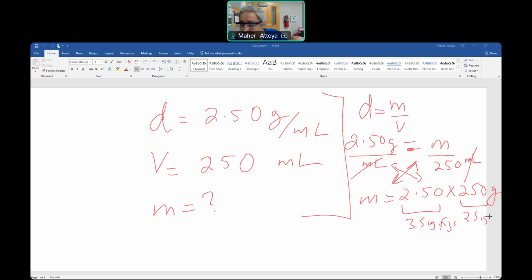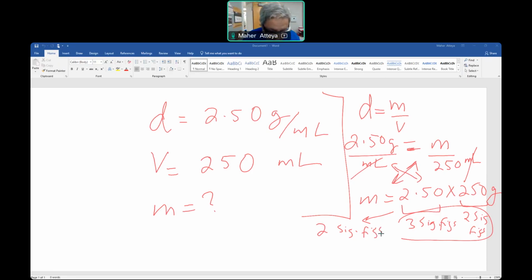So our answer has to have how many? The answer has to be rounded off to 2 sig figs. I'm not doing the calculation, but at least do the calculation and round the whole thing to 2 sig figs. So guys, is this following?